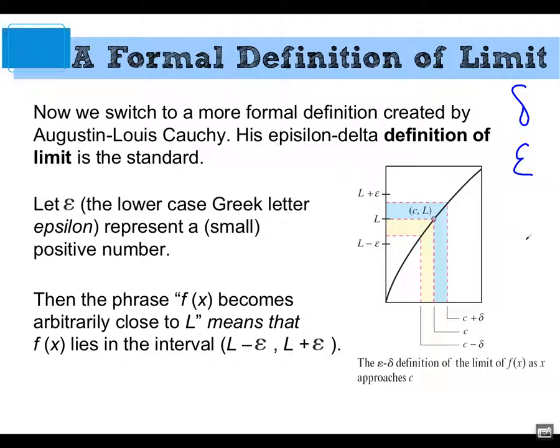Delta is the distance that you move along the x-axis. Epsilon is the y value that you move up and down from the limit. Okay. If I take this distance and I take it across, I get these two horizontal lines. And if I take the c plus delta and the c minus delta and extend these up, I get some vertical lines.